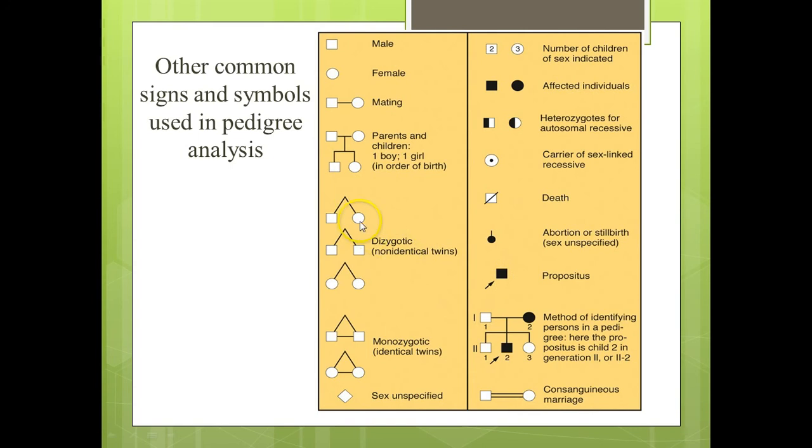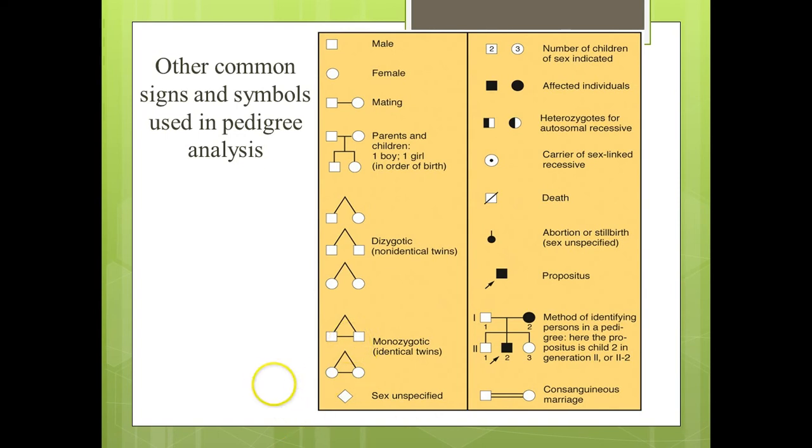If you have fraternal twins, then you have 2 lines coming from the same center point. If you have identical twins, you have those same 2 lines coming from the same center point and a line connecting the 2, which in this case does not mean that they've mated, just that those are identical twins.